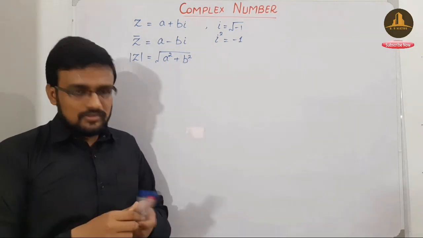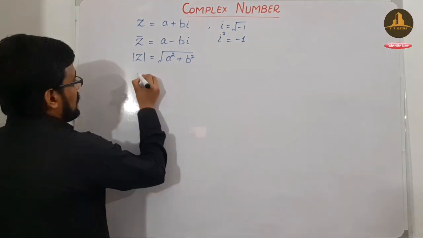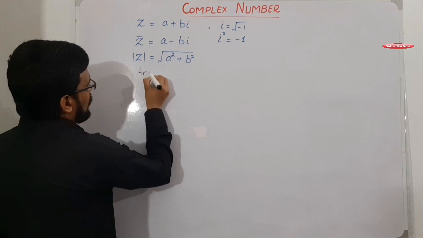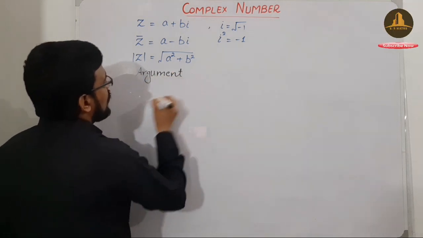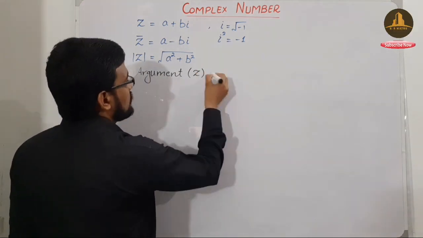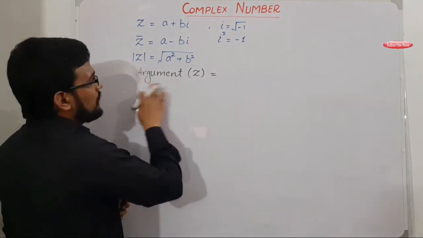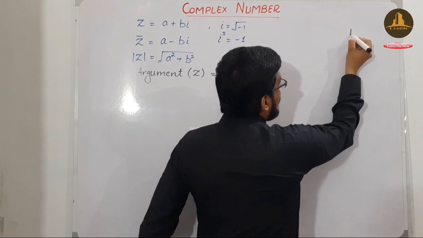these terms you already know very well, but the new term is argument. Argument of a complex number Z. Argument means, students, angle. Which angle?